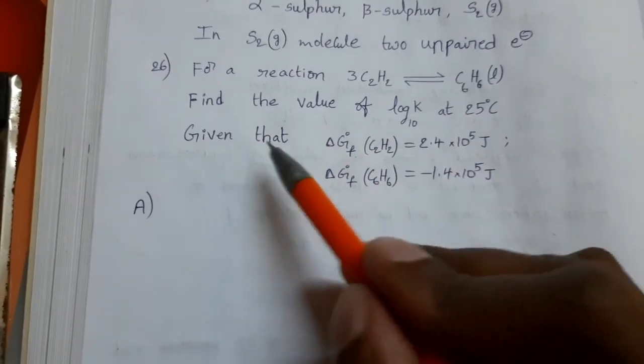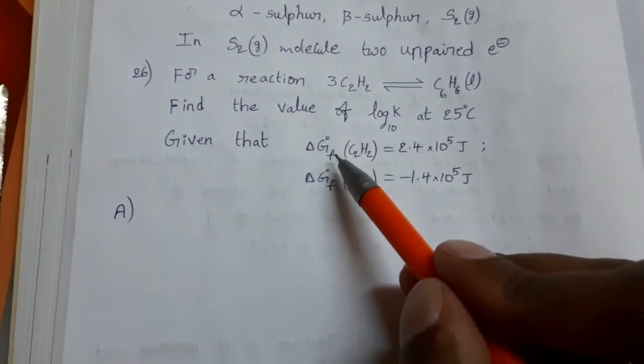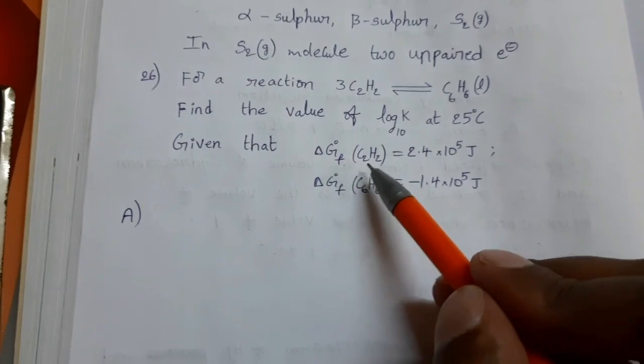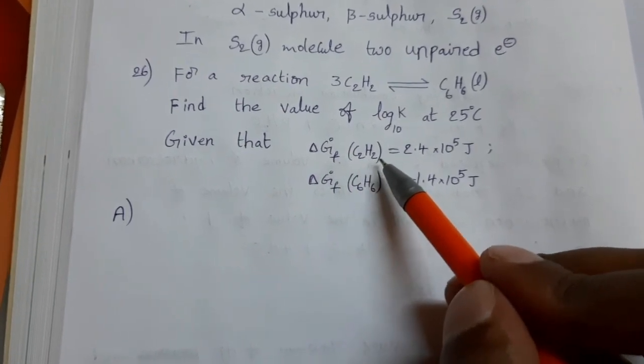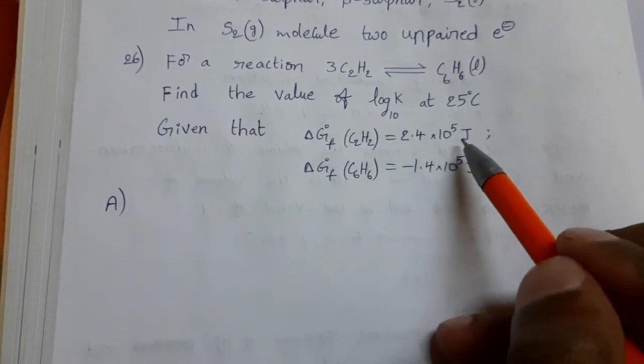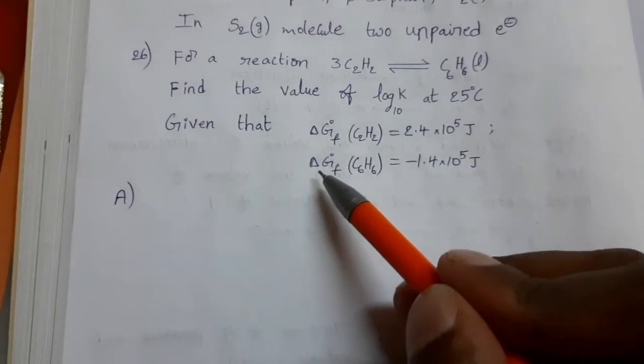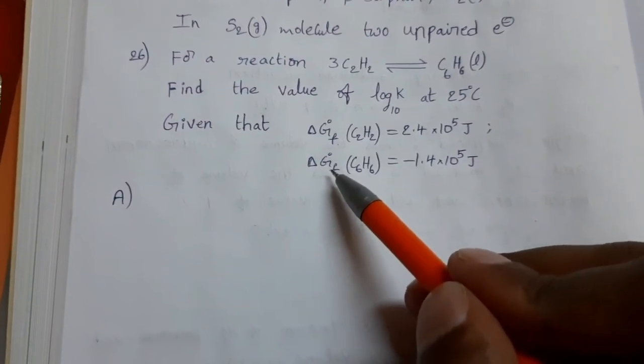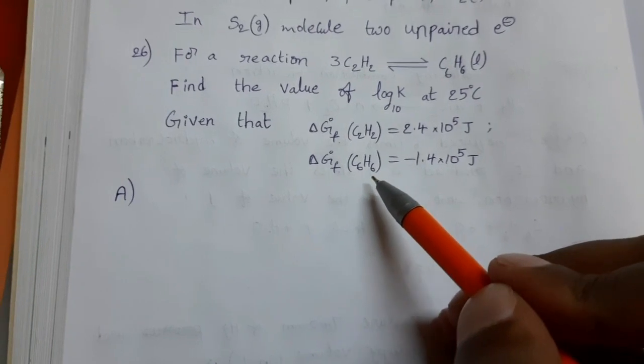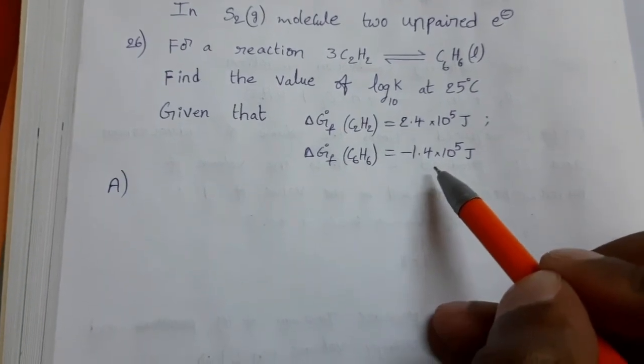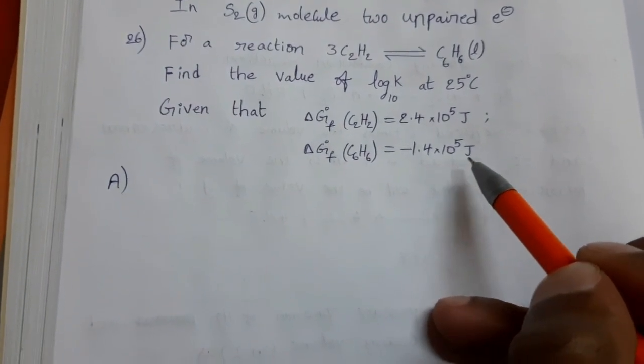For this, given that change in Gibbs free energy for the formation of acetylene is 2.4 into 10 power 5 joules, and change in Gibbs energy for the formation of benzene is minus 1.4 into 10 power 5 joules.